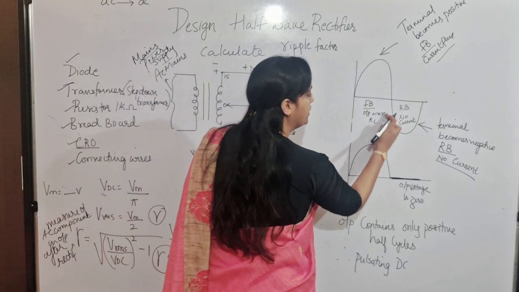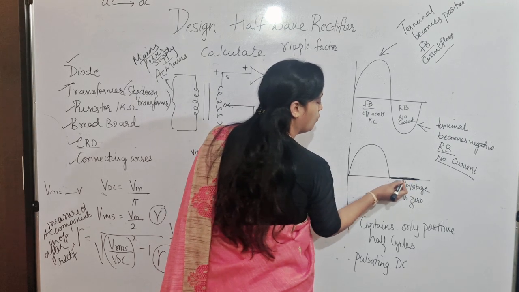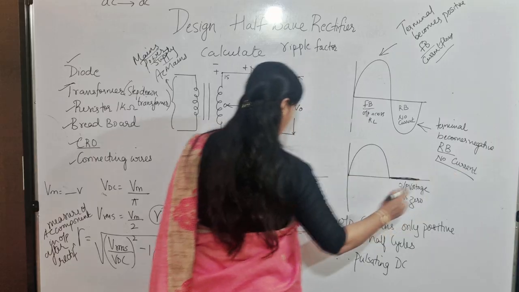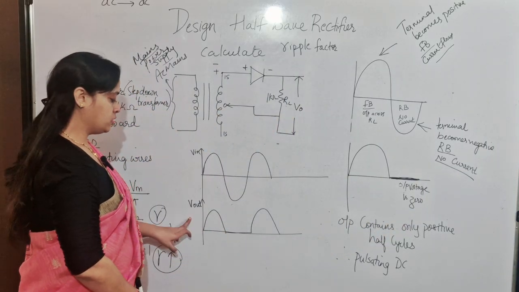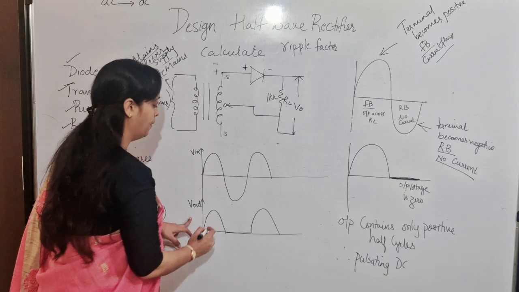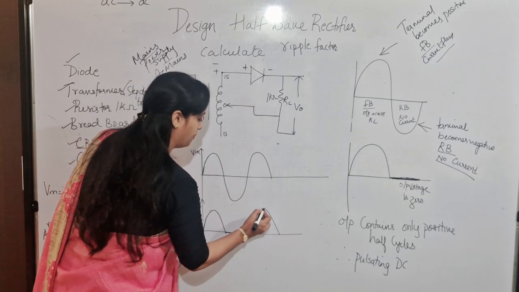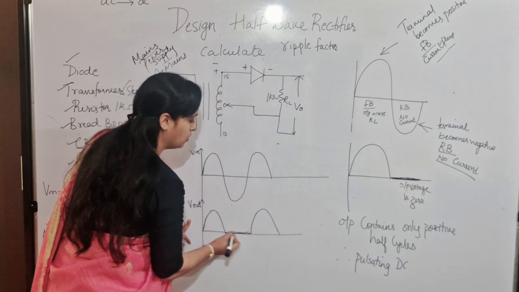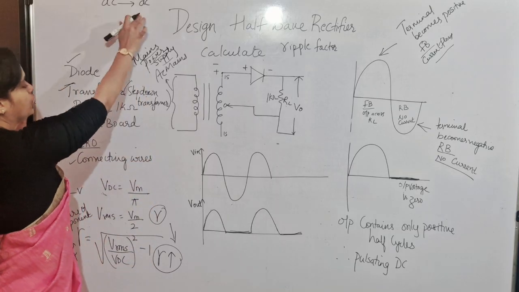So during the negative input cycle, output is 0. So similarly, the cycle continues like this. So it clearly shows output contains only positive half cycle. So during negative cycle, there is no output. This function is nothing but converting AC to DC.